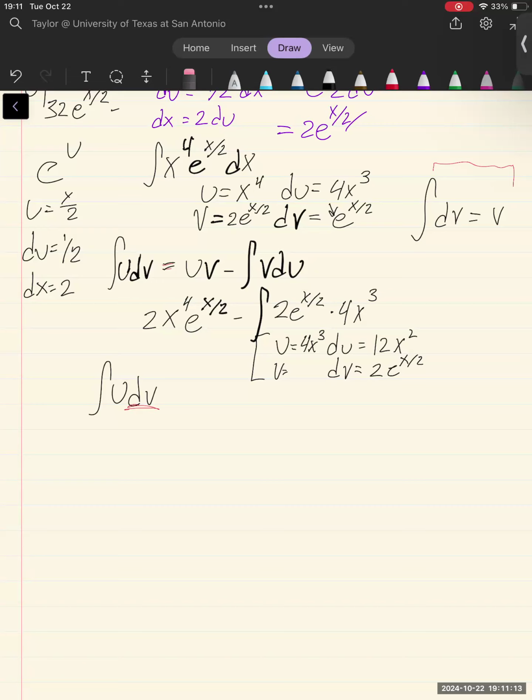So I have u and v, so I substitute in u and then v. And then I need v du for this expression here. Actually, no, I need v du, and so this is my v, and then this is my du. Did that kind of clear it up?